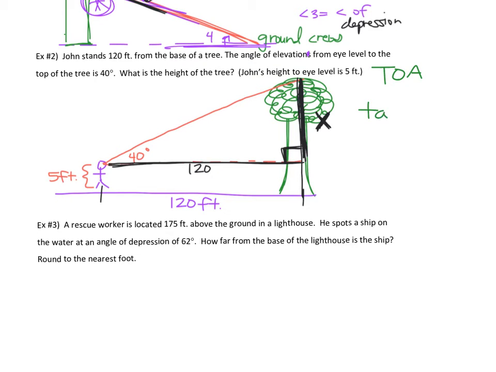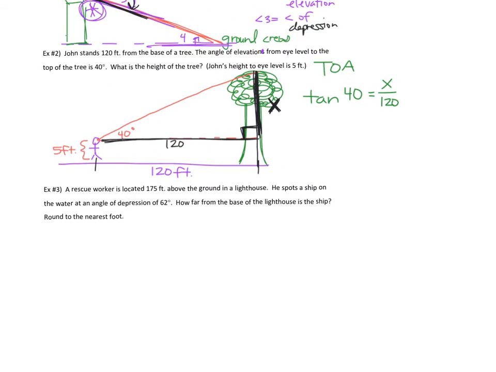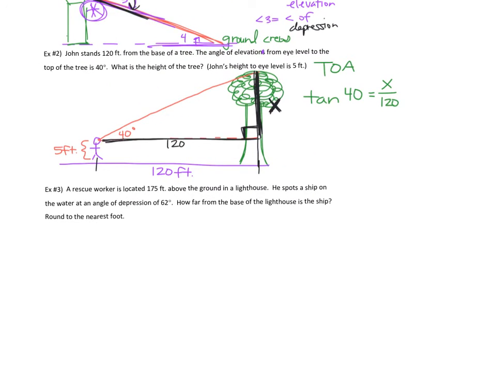So it's going to be the tangent of what? 40. Always the angle that comes after the trig function. Equals what over what? X over 120. All right, how do you solve that? You multiply by 120. So if I multiply by 120 here, those are gone.